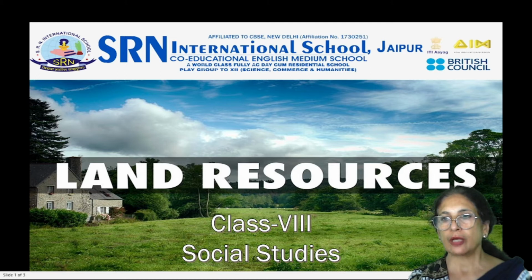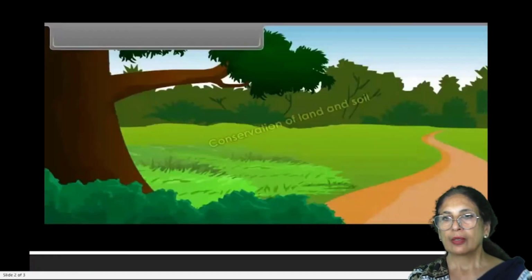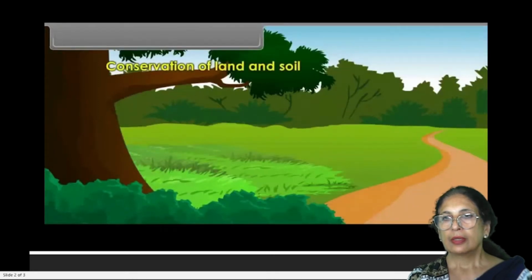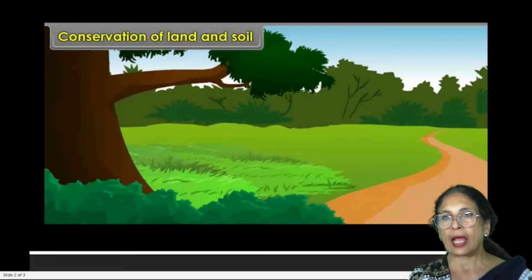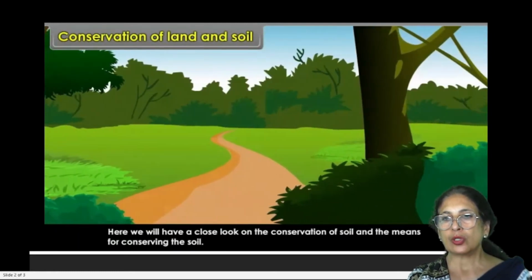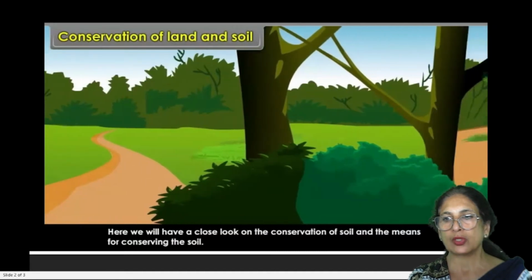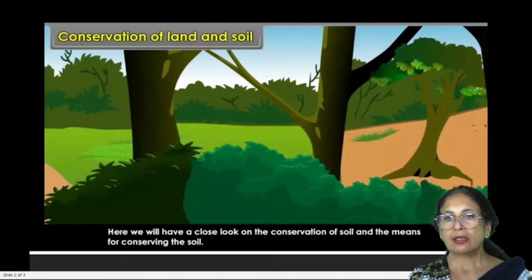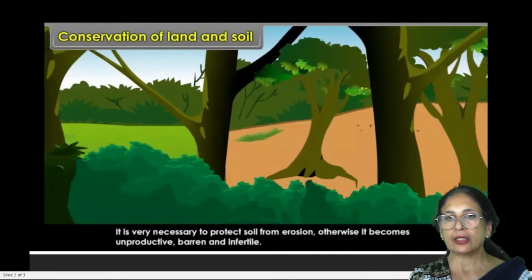Today we are going to learn about the topic Land Resources from the Grade 8 Book of Social Studies. Conservation of land and soil. Here we will have a close look at the conservation of soil and the means for conserving it.